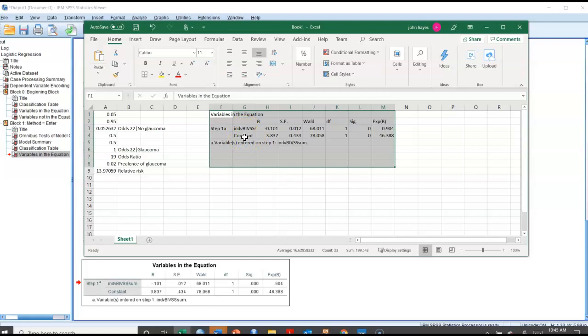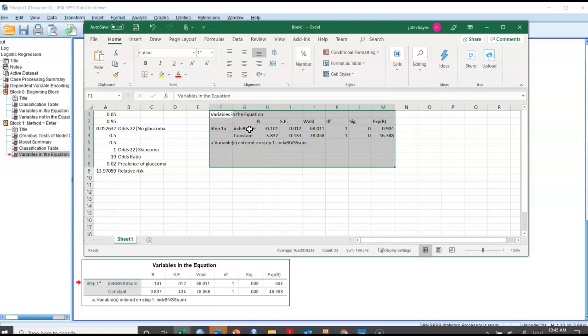Logit of p over 1 minus p equals a, this constant, a is actually this value, plus b, this is b, times the individual score.